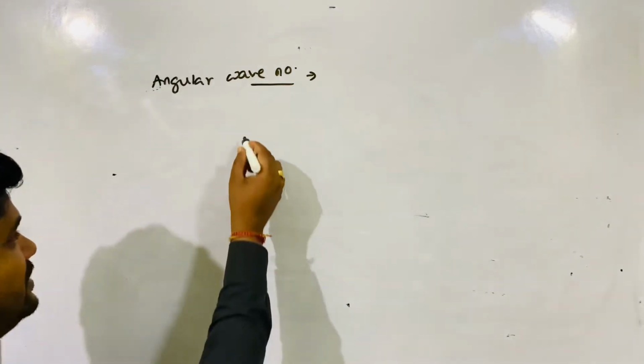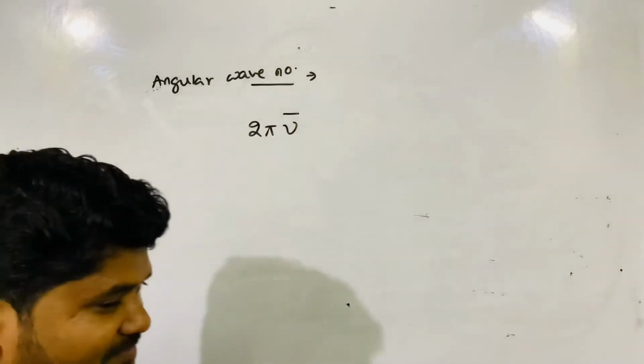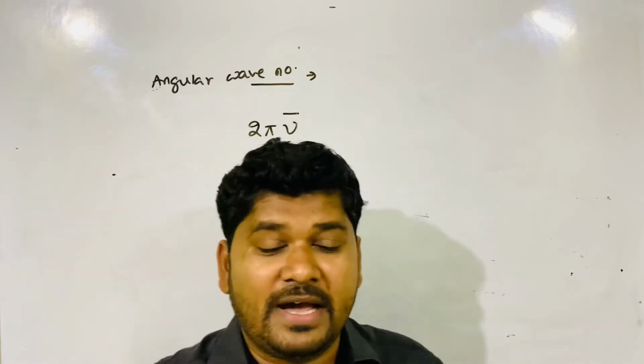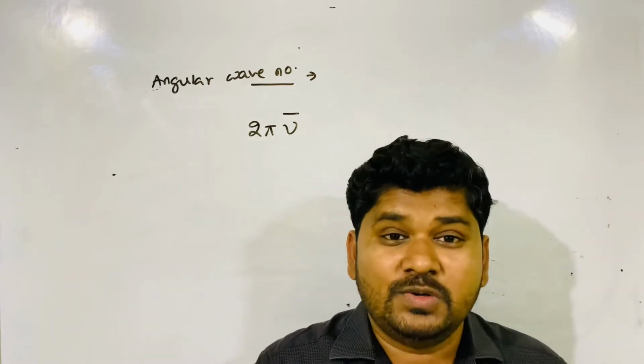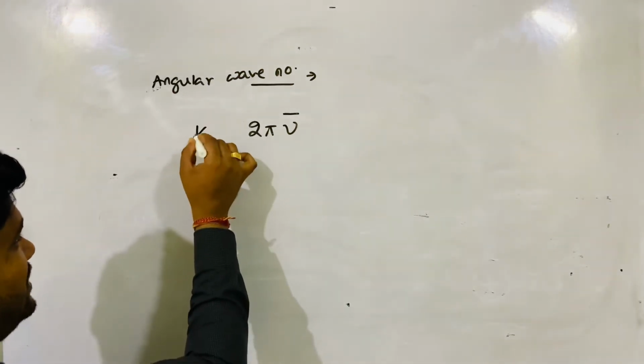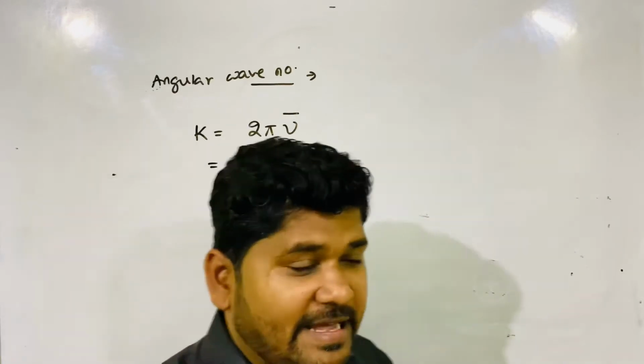Product of wave number with 2 pi: 2 pi nu bar. The product of wave number with 2 pi is called angular wave number. What is the symbol? K. We write K for angular wave number.